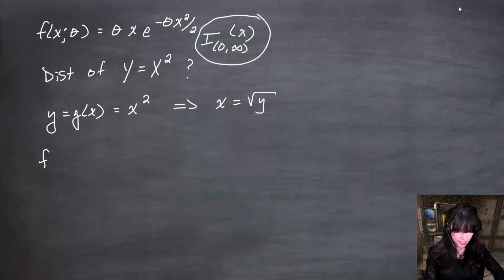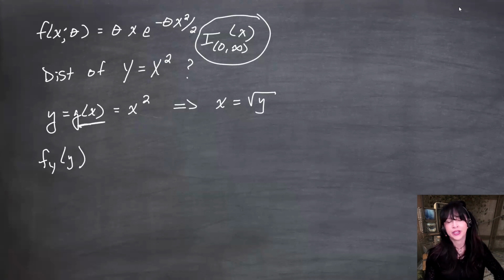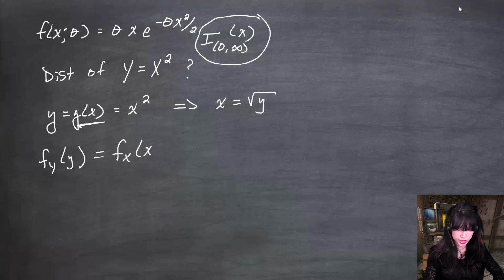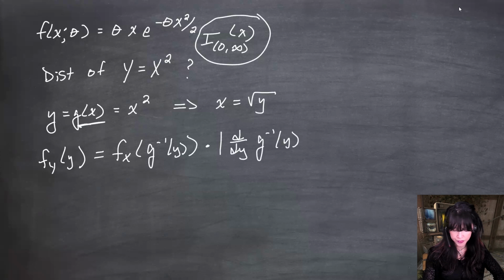Now, the PDF for y, and you can go ahead and put your semicolon theta, but I'm sort of going back to when we were talking about the G inverse stuff. And at that time, we didn't write that. Please go ahead and write it if you're okay with it. But I want to look at the PDF for x with G inverse y plugged in times the absolute value of the derivative with respect to y of G inverse y.